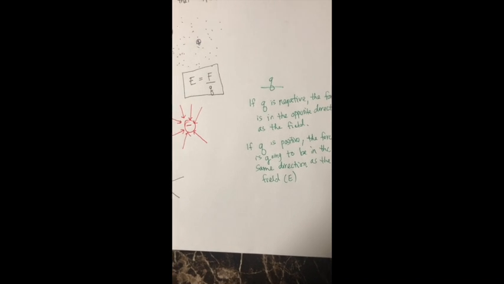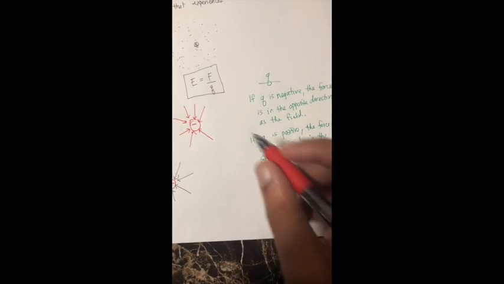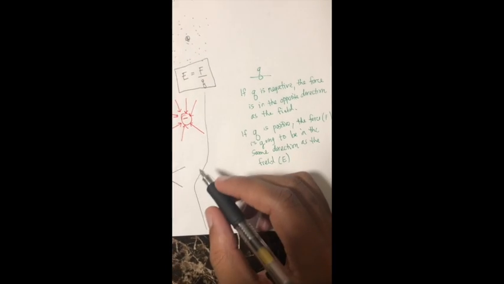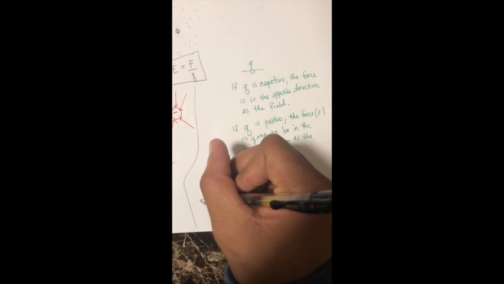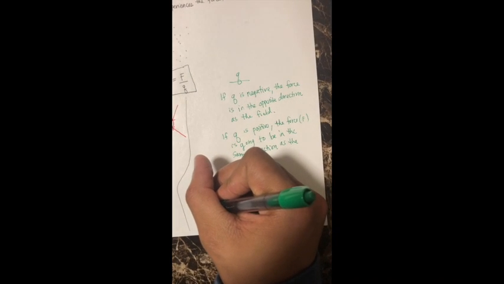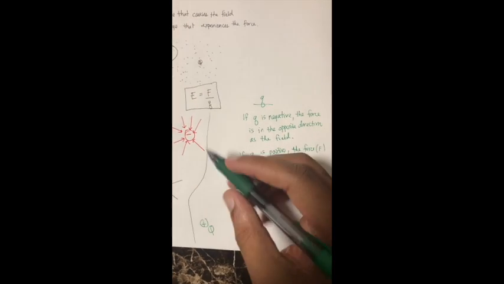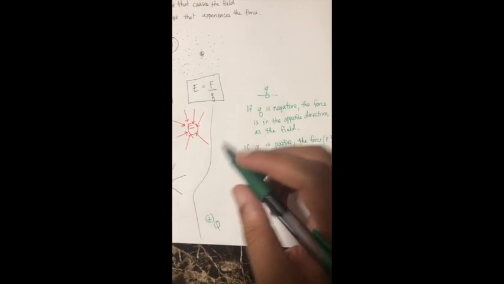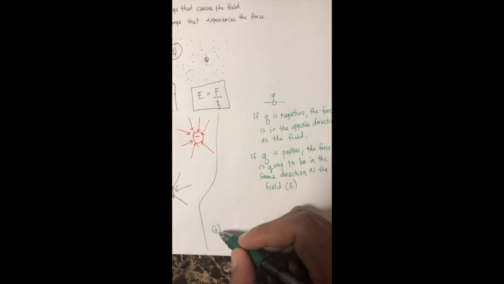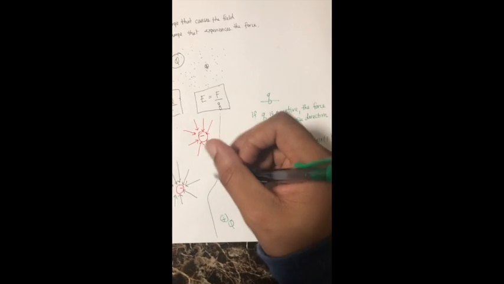So for picture examples, I want you to look over here. If I have a big Q and it's positive, which way is the field pointing for this one right here? If it's positive, remember, it points out.